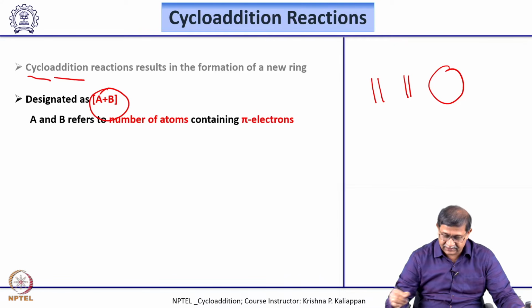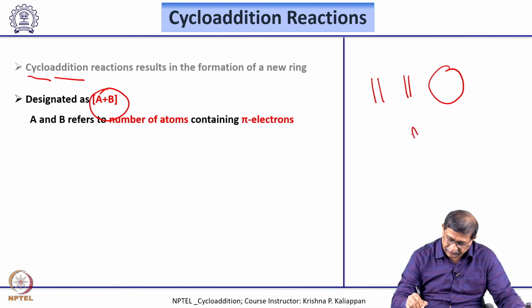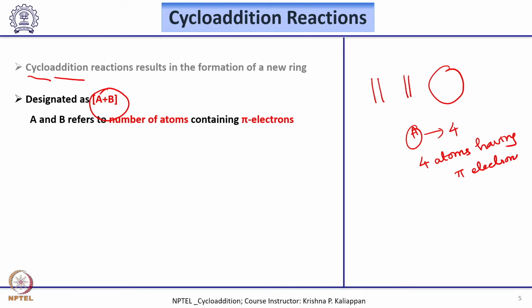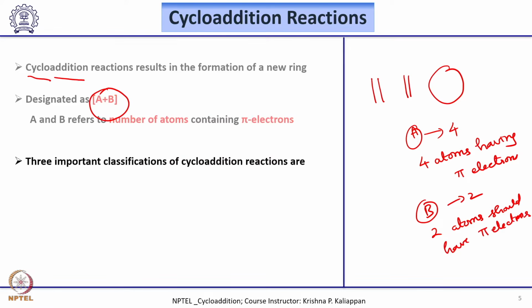For example, if A is 4, then A should have 4 atoms having pi electrons, and if B is 2, that means 2 atoms should have pi electrons. That is how this A and B designation is given.